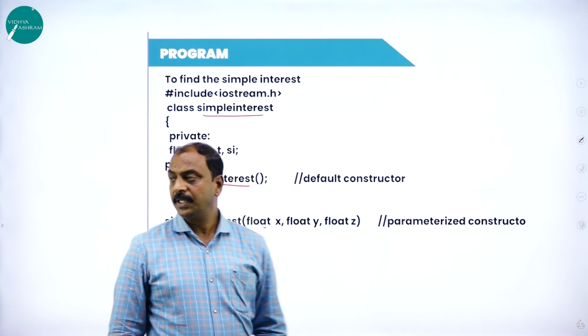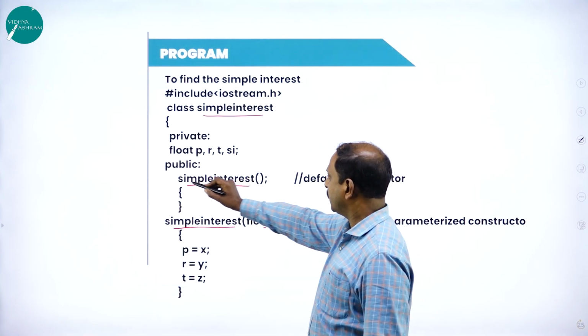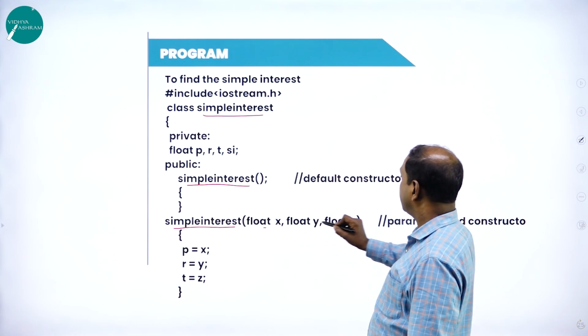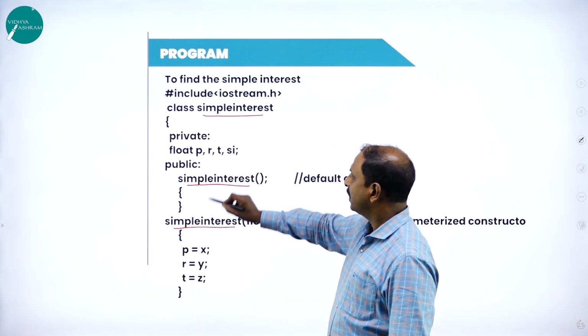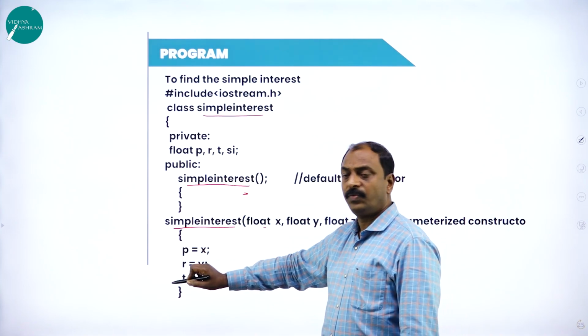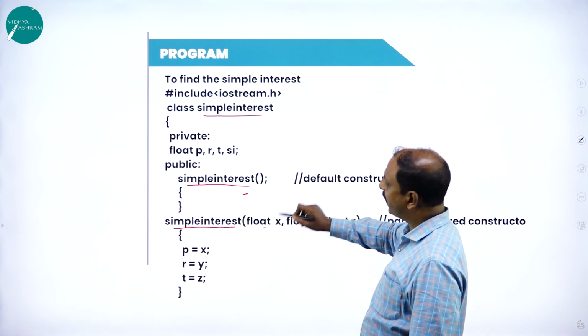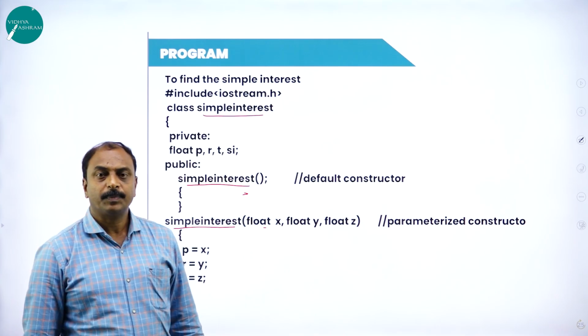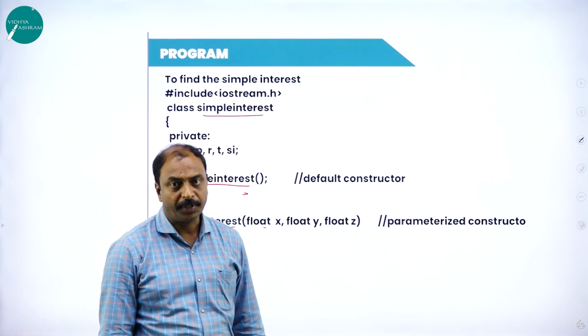Look at this example: there is a default constructor and one more, a parameterized constructor. We can have more than one constructor in a class, differing in their parameter list or the type of arguments. This is the concept of constructor overloading.